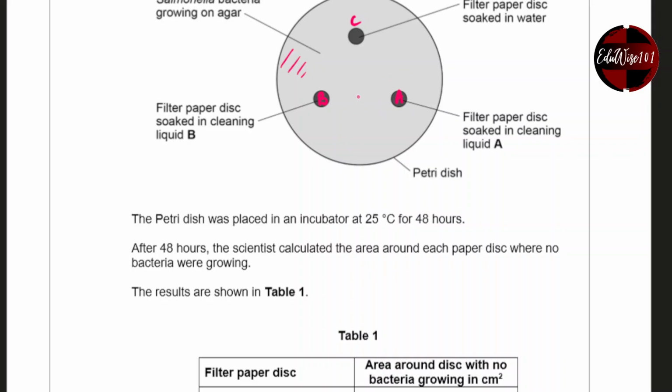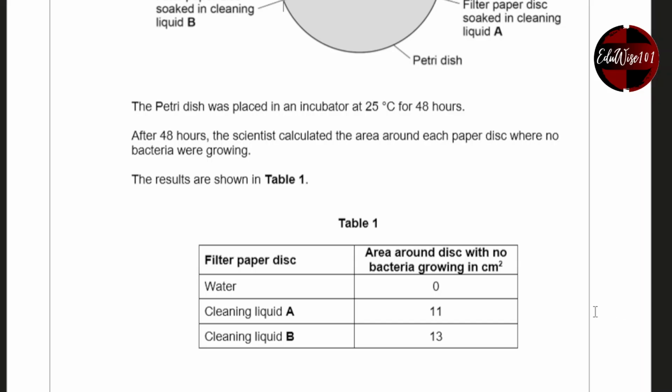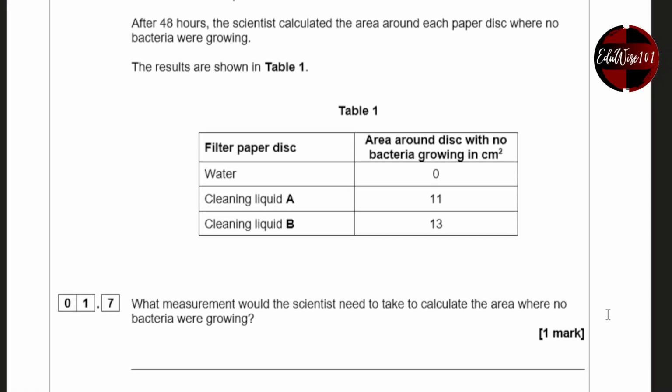So water, there was zero area with no bacteria growing, so there wasn't any clear area. Cleaning liquid A was 11 centimeters squared, so the area is what they have calculated. Cleaning liquid B is 13 centimeters squared.